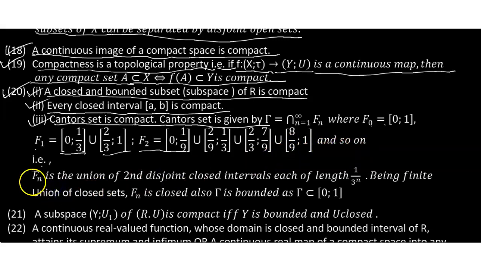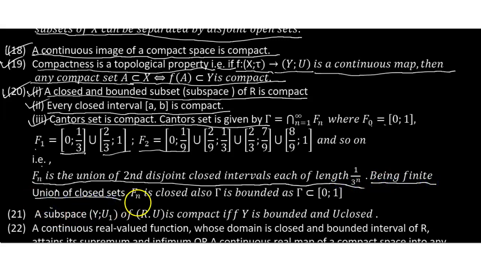F_n is the union of 2^n disjoint closed intervals, each of length 1 over 3^n, and being a finite union, F_n is closed. Also, gamma is bounded, as gamma is a subset of [0, 1].